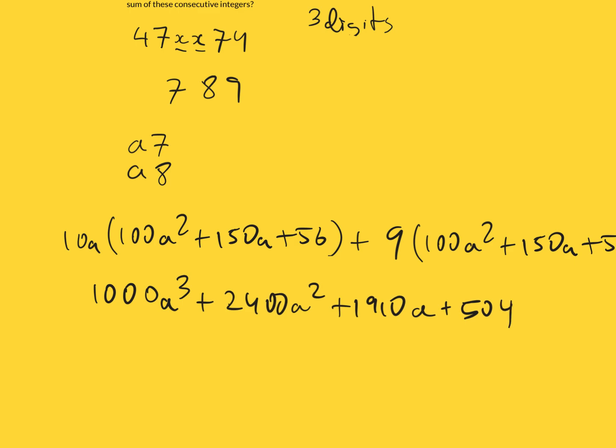Right? Pretty simple, ain't it? So now we can estimate. Once again, a is equal to 7.